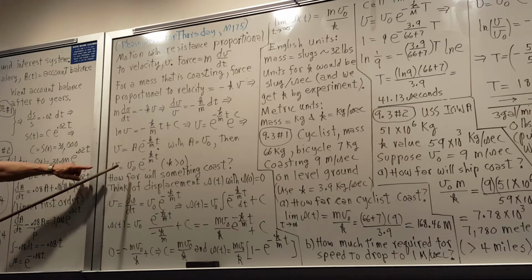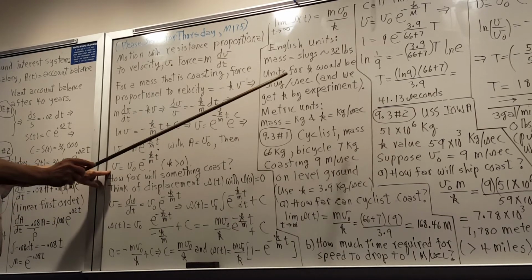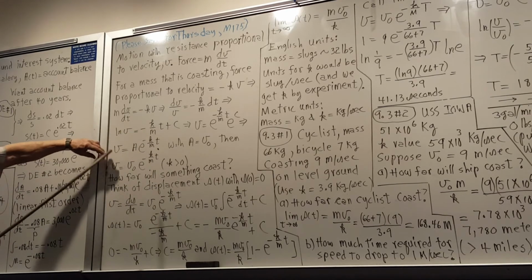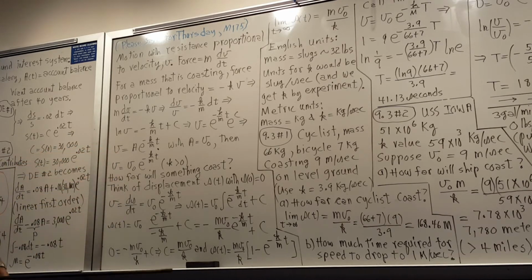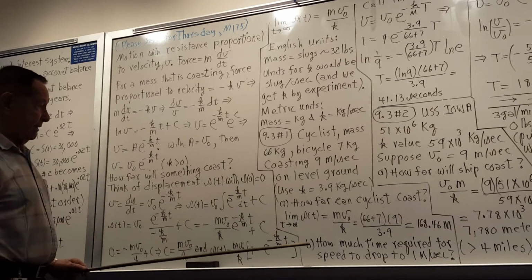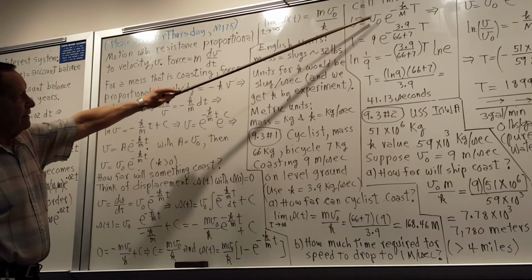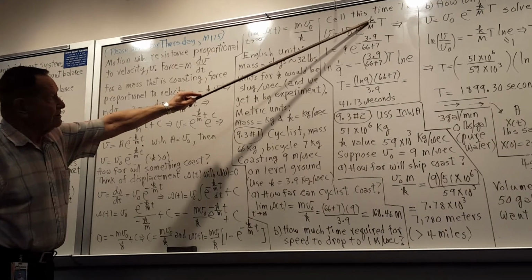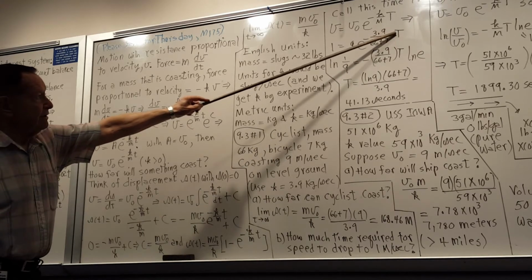Using that, we can solve for the time capital T corresponding to whatever you put in here for the velocity. So when that is 1 meter per second, this becomes 1, and this would be 9, and the K was the 3.9, and the M was the 66 and 7, and then you solve for T.